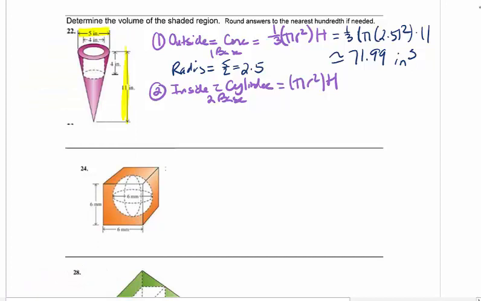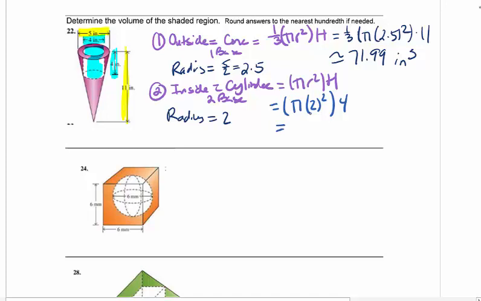My second one is my cylinder, and I'm going to highlight this one in blue. That's this figure here. Again, you need to make sure you're careful. The radius for this one is 2, which makes it a little easier to deal with. So we're going to plug in pi 2 squared. The height of this cylinder is 4, and again, double check that the units are all the same, which they are.